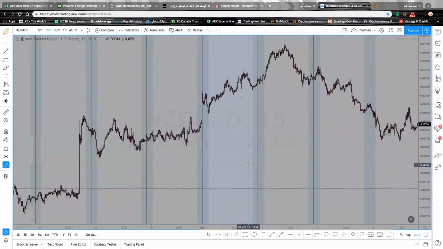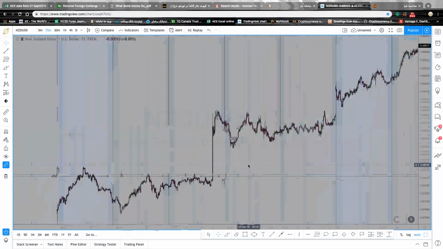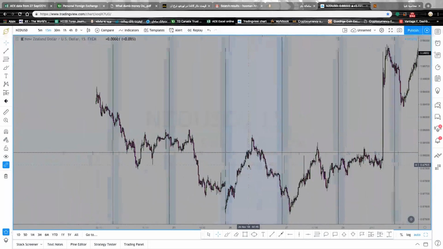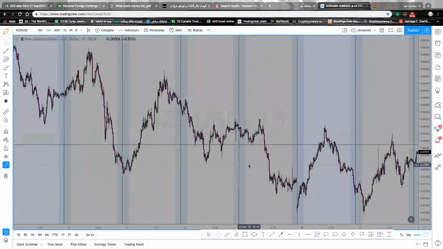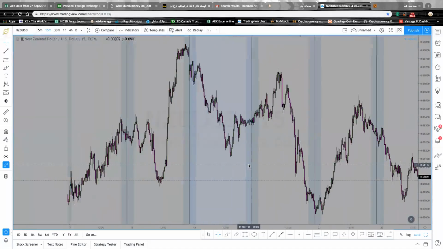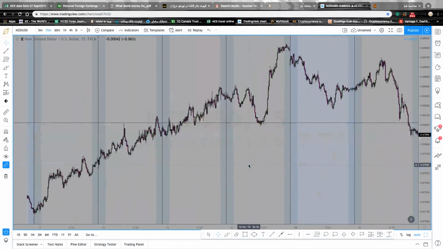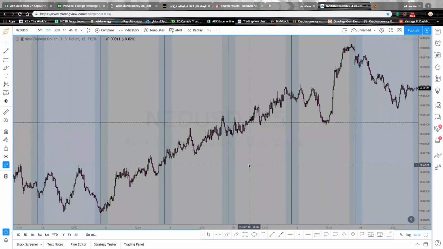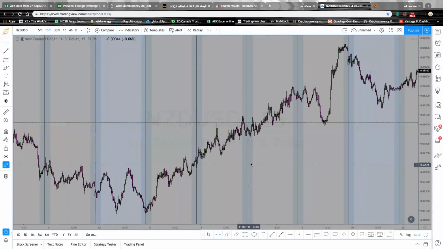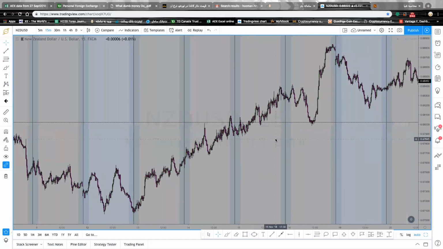Now, how do I backtest? First of all, you need to care. If you want to have a clear chart, you need to care about having exact, extremely straight lines. Touches and everything, I know you want to care.